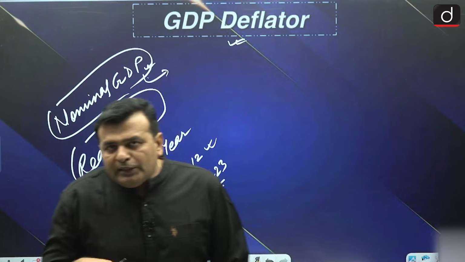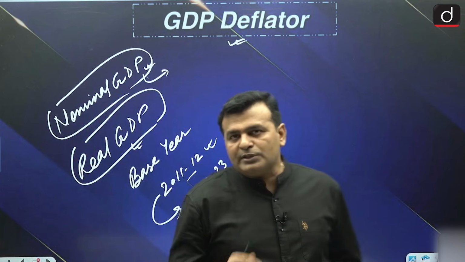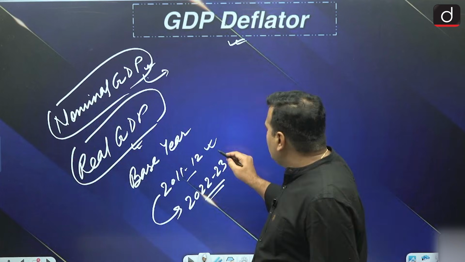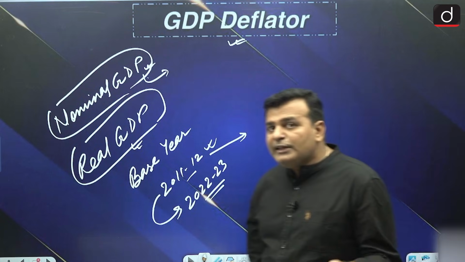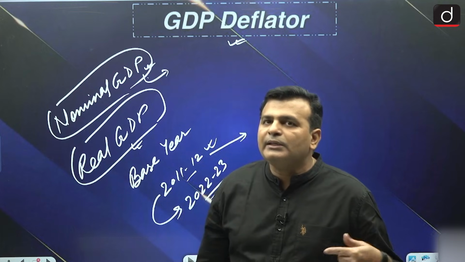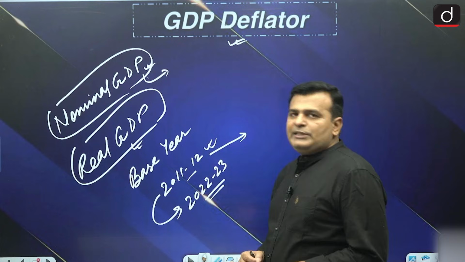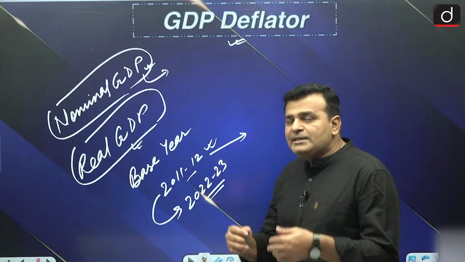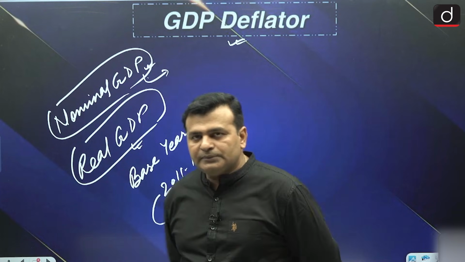So when we calculate real GDP, that is GDP at constant price, then the price of the goods and services that was there in the base year will be taken into consideration year on year. So the price will not change, and hence real GDP will change only if the production changes.